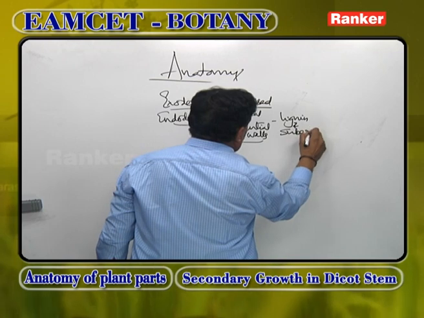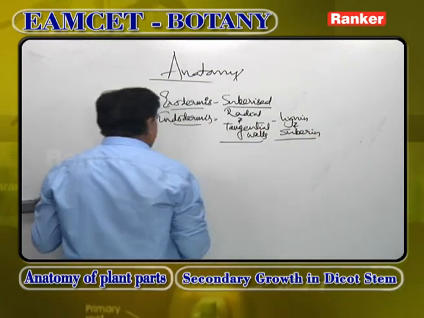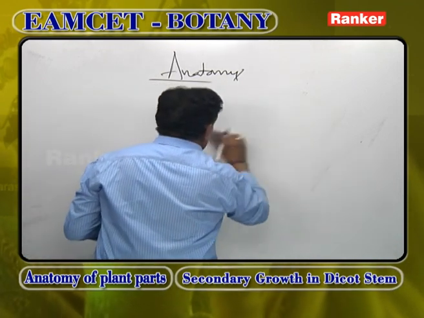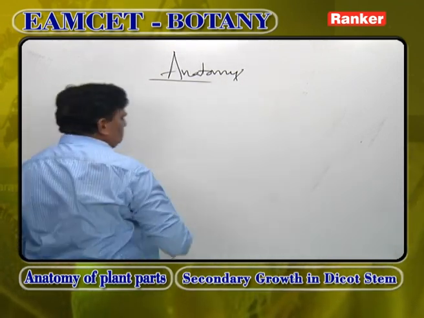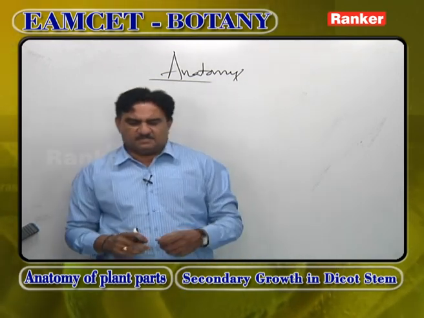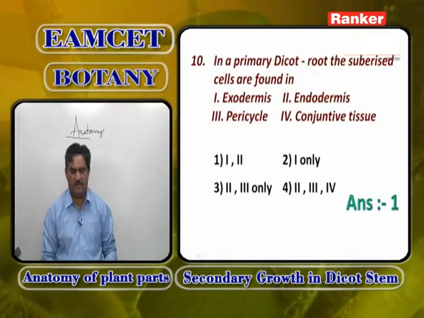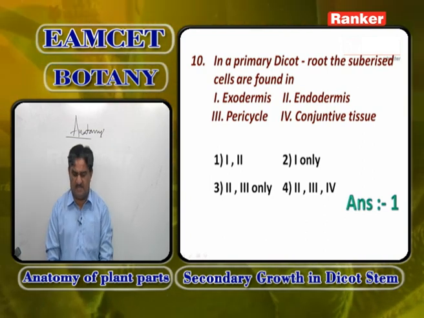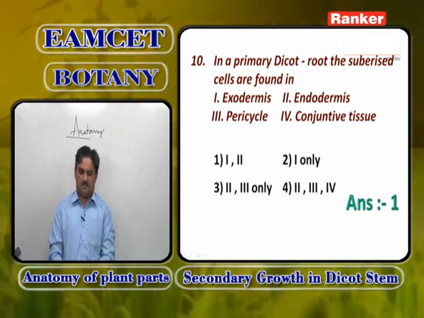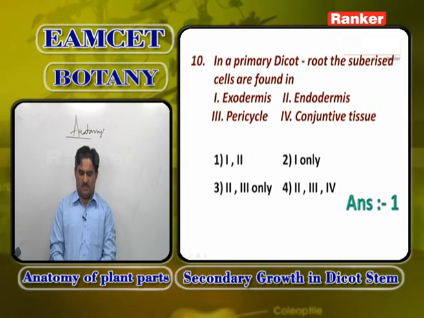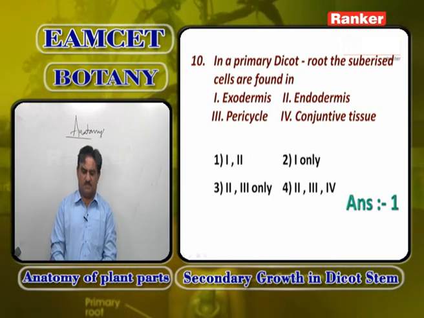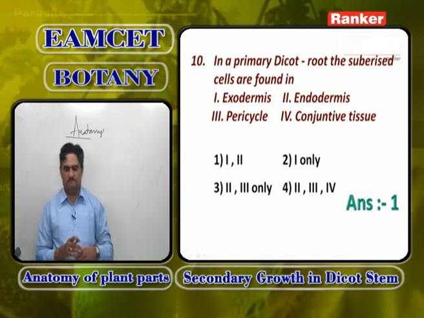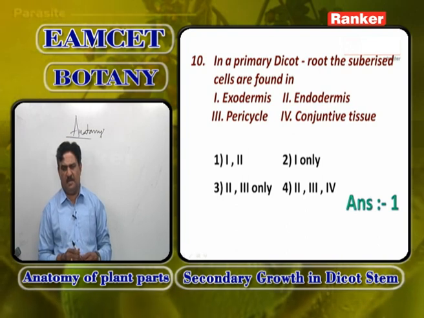Those ligno-suberized bands are called Casparian bands. So, in a primary dicot root, the suberized cells are the exodermis and the endodermis. Pericycle is not suberized and conjunctive tissue is parenchymatous, which does not show suberin.